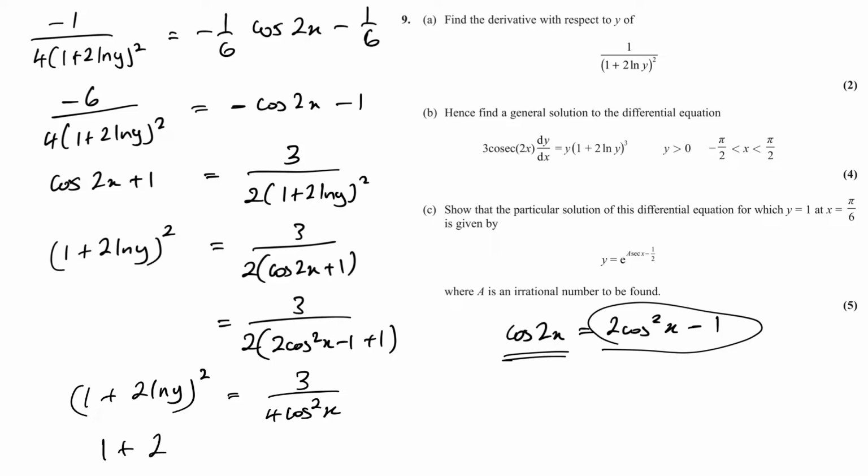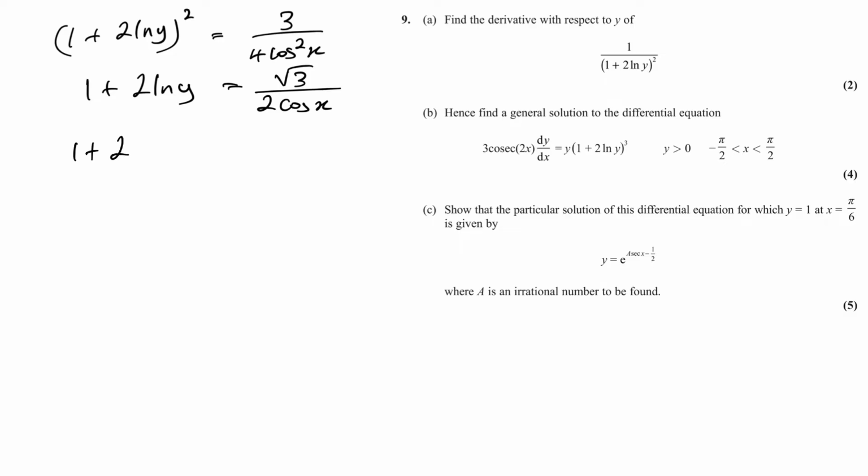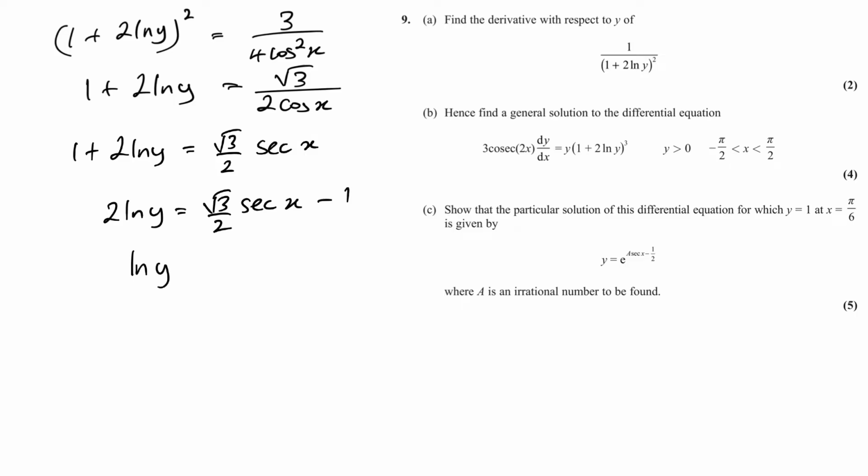So we have 1 plus 2 ln y equals root 3 over 2 cos x, which is 1 plus 2 ln y is root 3 over 2 sec x. 2 ln y is root 3 over 2 sec x minus 1. And then I'm going to divide by 2, so ln y is root 3 over 2 sec x minus a half. And looks like we're almost there.